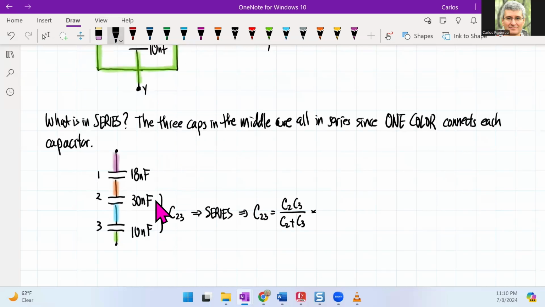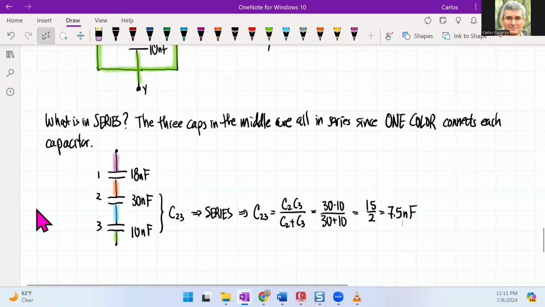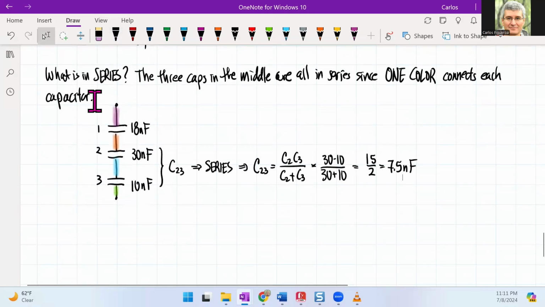So this is going to be 30 times 10 over 30 plus 10. You can see that's 300 divided by 40. You're going to get 15 divided by 2, which is then 7.5 nanofarads. After my reduction here, I can now replace this guy.